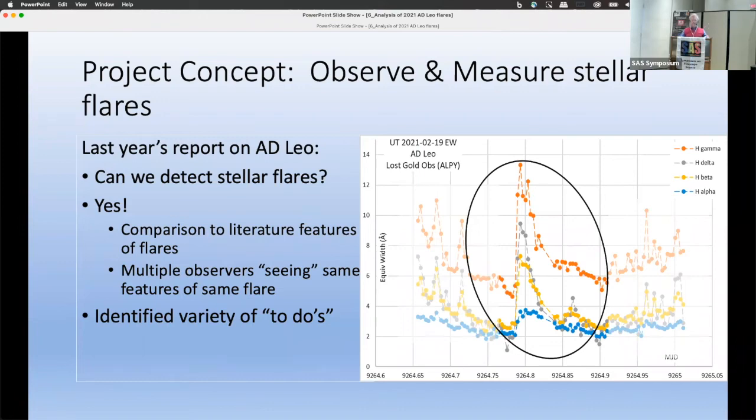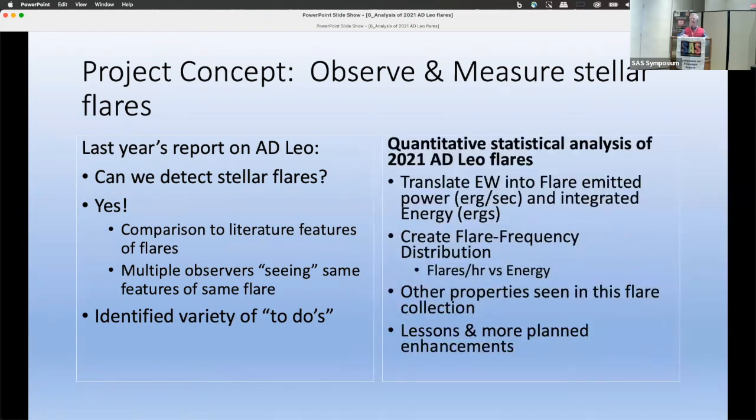So what I'd like to talk about today is one of those to-dos, which was, let's do a quantitative statistical analysis of the flares that we detected during the 2021 campaign on AD Leo.